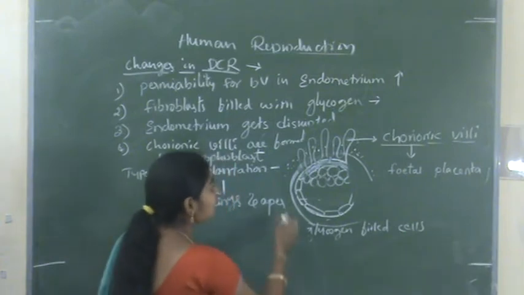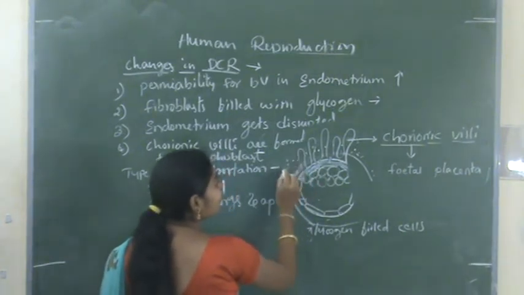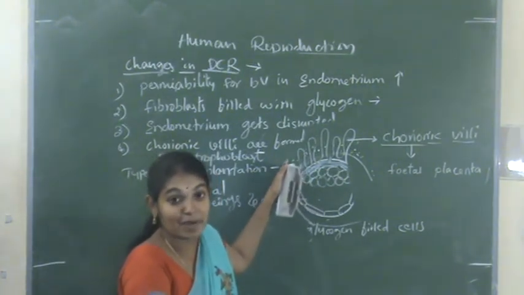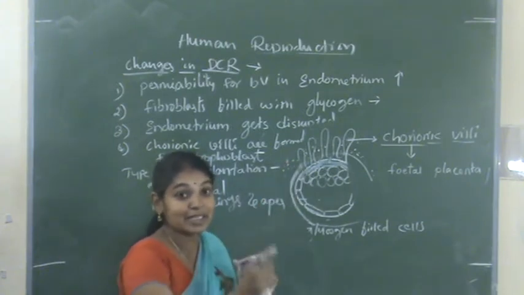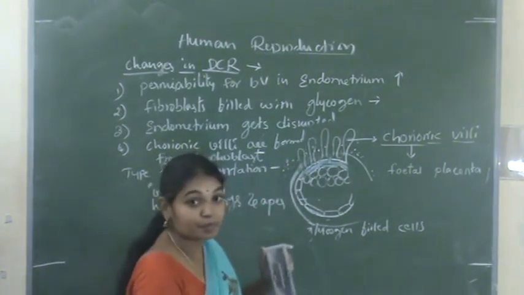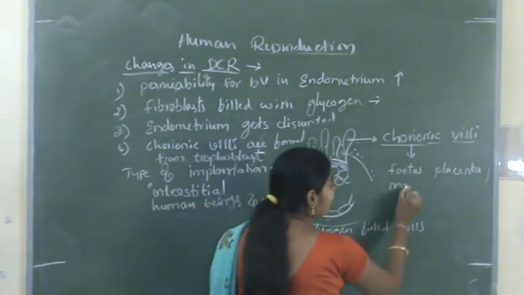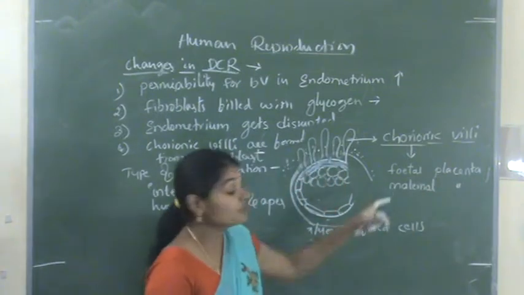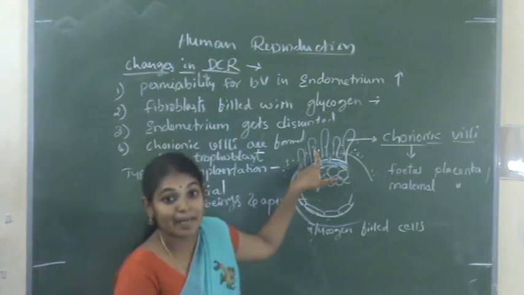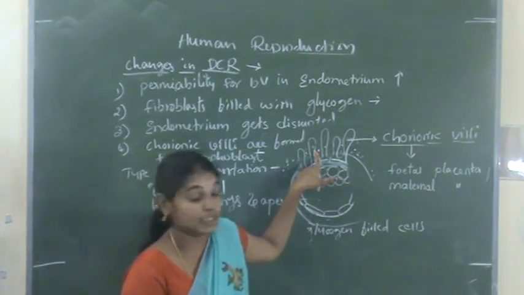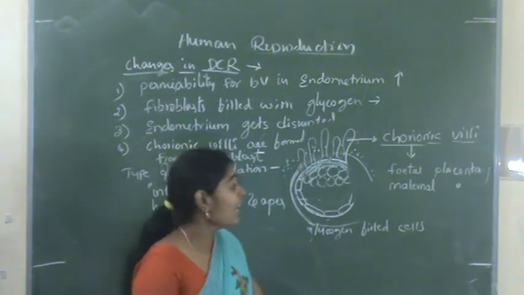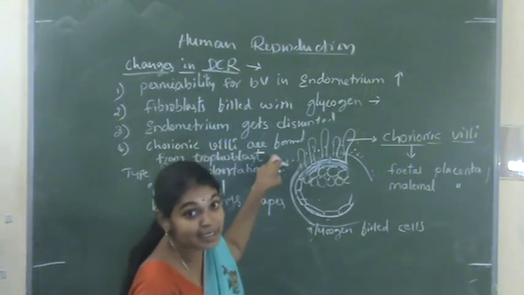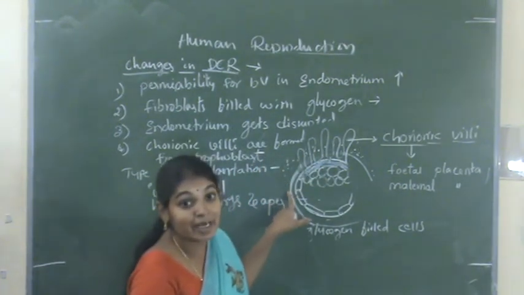The placenta has two parts: the fetal placenta and the maternal placenta. The fetal placenta is formed by the chorionic villi. The maternal placenta is formed by the blood vessels and fluid present around the endometrium.